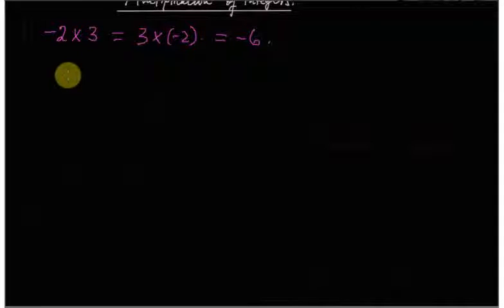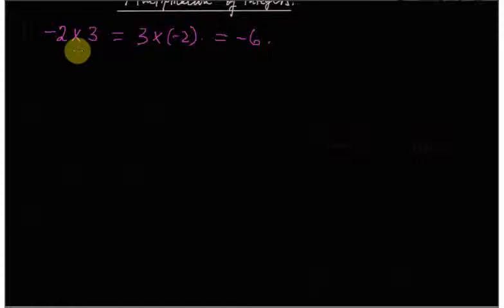We saw in the laws that negative times positive is negative, and positive times negative is also negative. So the result is negative. That's why we have -6 here.